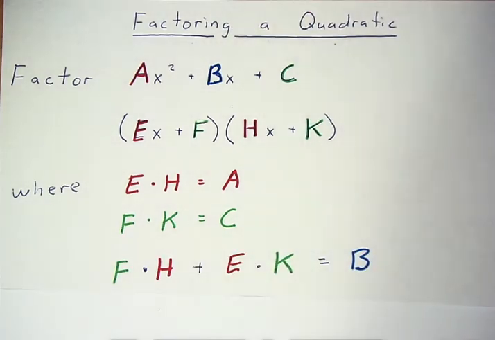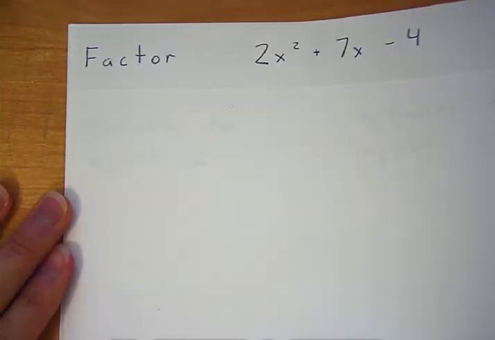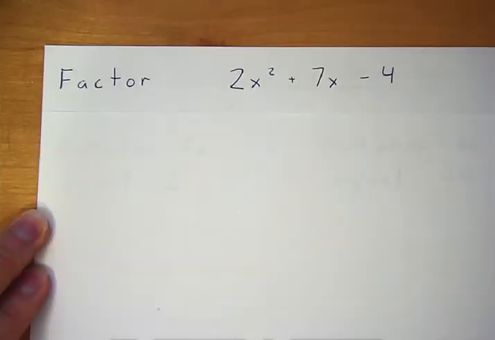Pause the video, write down notes, hit play when you're ready to continue. Let's do an example of this together. So, let's say you're asked to factor 2 times x squared plus 7 times x minus 4.